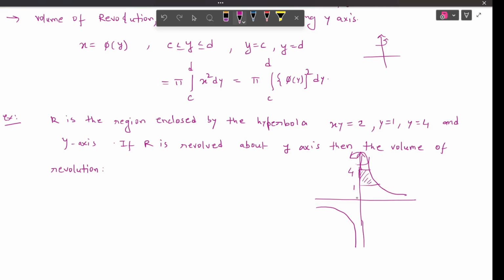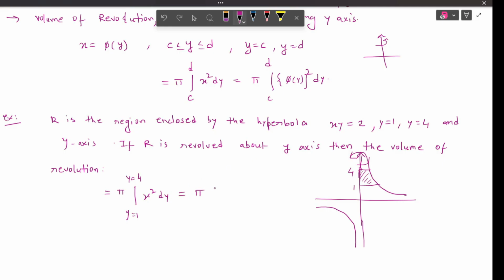So if it revolves around y-axis, we just have come to know the formula, that is pi integration c to d x square dy. So it will be pi integration c to d, that means y equals 1 to y equals 4 x square dy, and we know what is x. x is 2 by y, that is x square will be 4 by y square.